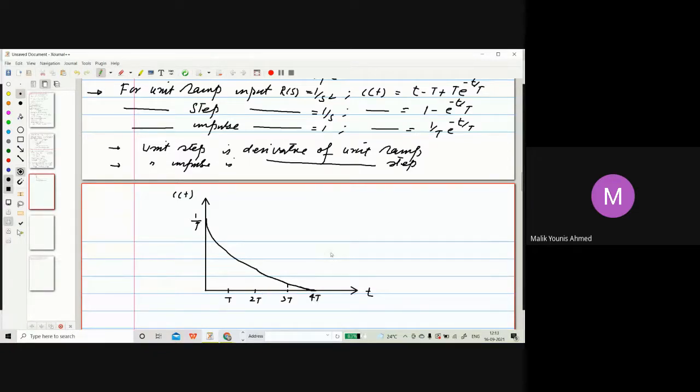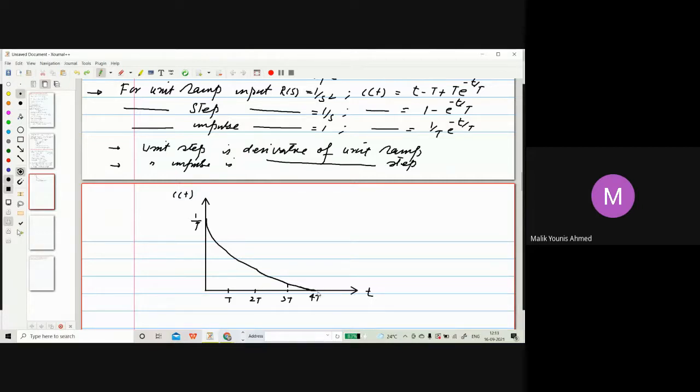So at T it will be e raised to the power minus 1, so the value will be somewhere here, 0.37. At 0 it will be at the maximum, 1 by T, and it will start decaying exponentially from the 1 by T value.